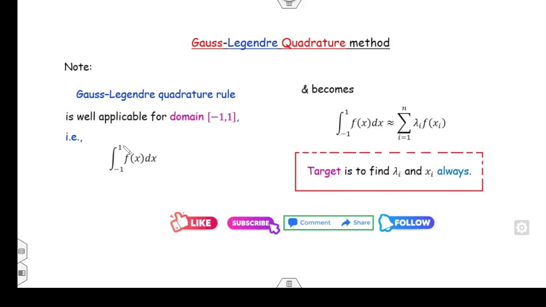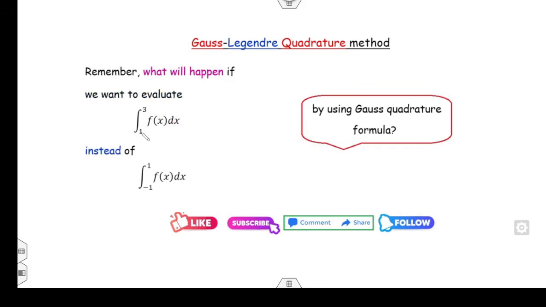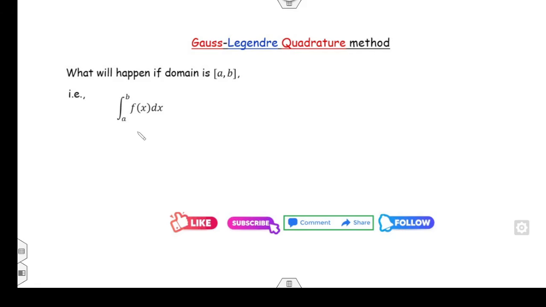But what will happen if my domain, instead of -1 to +1, is from 1 to 3, or in general from a to b of f(x)? How can you apply the Gauss-Legendre Quadrature formula on the integration from a to b of f(x)? It's very simple.